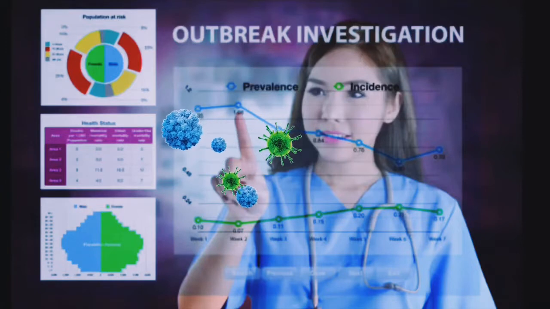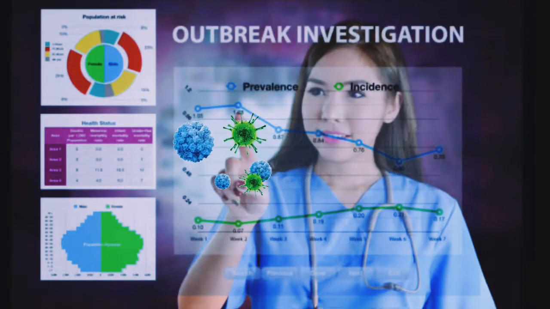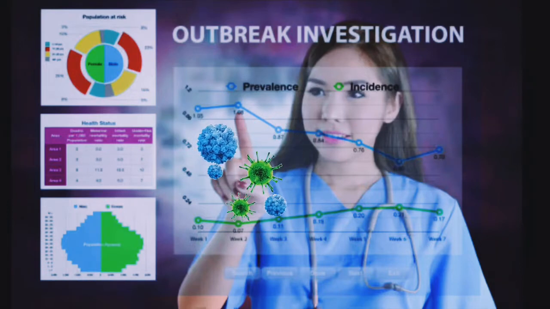Now, let's talk about epidemiologists. These are the people involved in this undertaking, and they are the ones applying the knowledge concerning the distribution and cause and effect of a disease condition or event in a specified population. While clinicians diagnose and treat individual patients, epidemiologists, on the other hand, diagnose and treat the community.